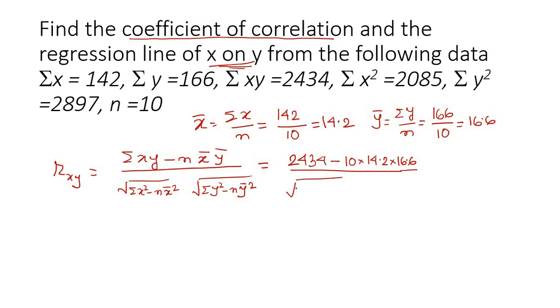This is summation x square is 2085 minus 10 into x bar is your 14.2, so we have 14.2 square, and then summation of y square, as you can see it's 2897 minus 10 into 16.6 square.